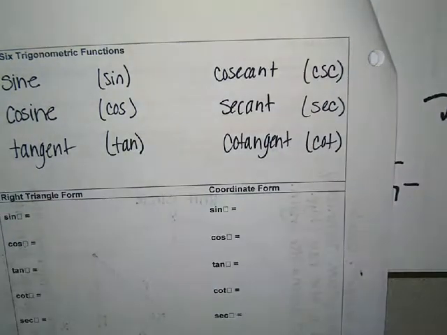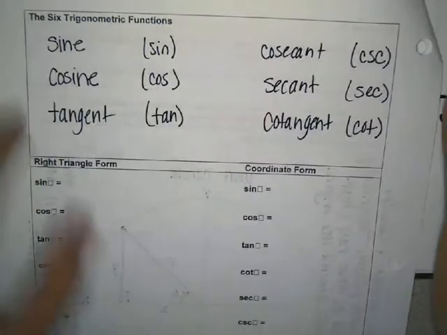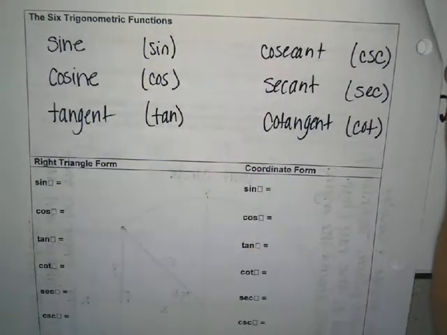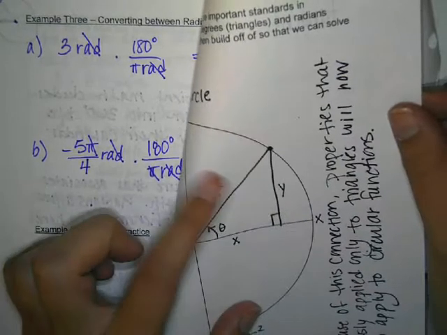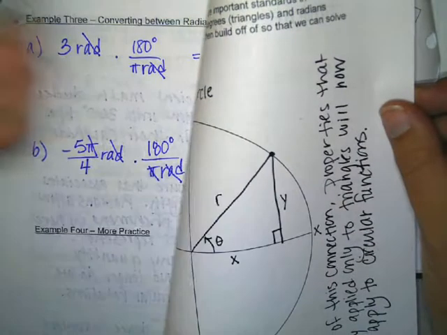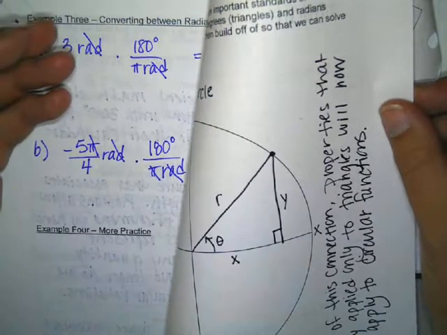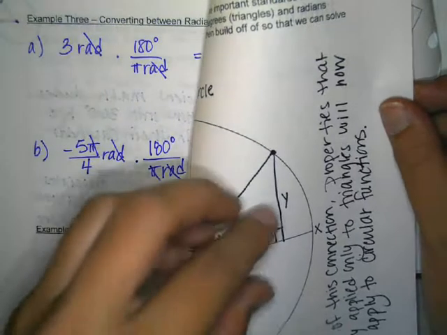Okay. Now, you have 6 trig functions, and the values of them are ratios. And in triangle trig, what you've done before, they're ratios in a right triangle. But when you graduate from just looking at a shape to looking at functions that repeat over and over again, you can't be married to always looking at this shape.